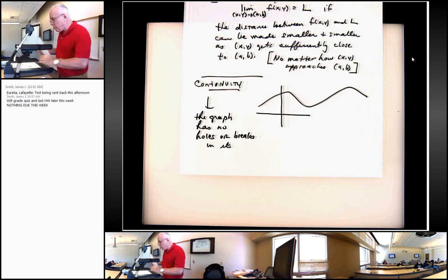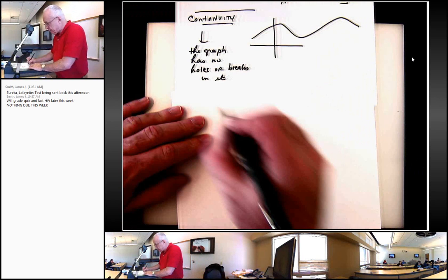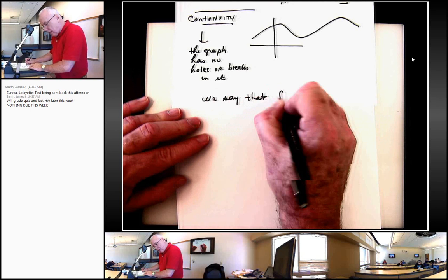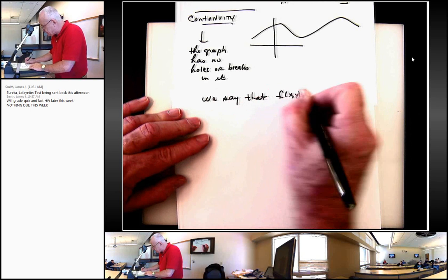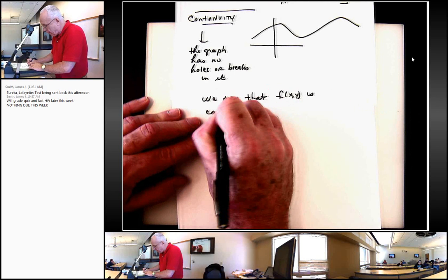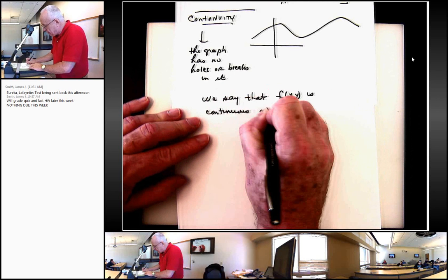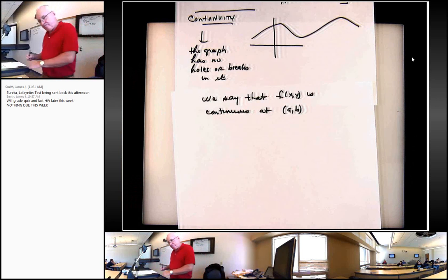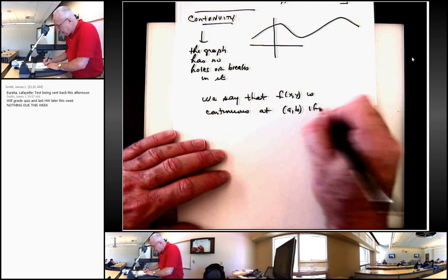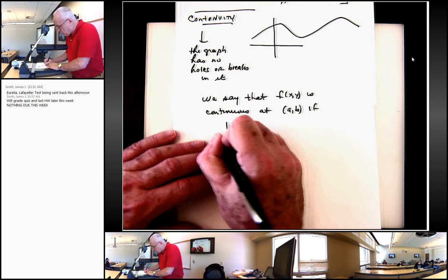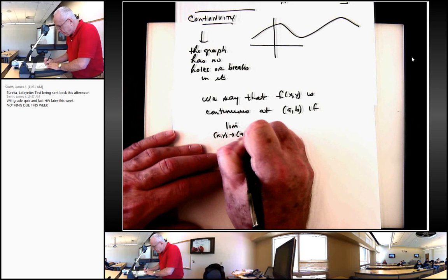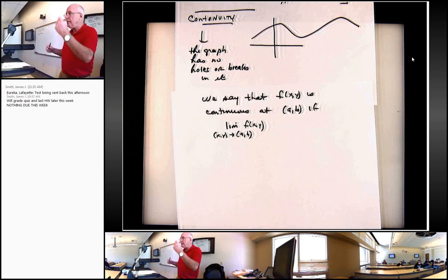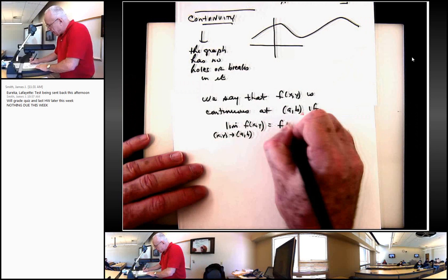The more formal definition of continuity is this. We say that f(x,y), two variables, is continuous at, again, it's an xy pair, at a comma b, if the limit as (x,y) approaches (a,b) of our function is actually equal to the value of the function at (a,b).